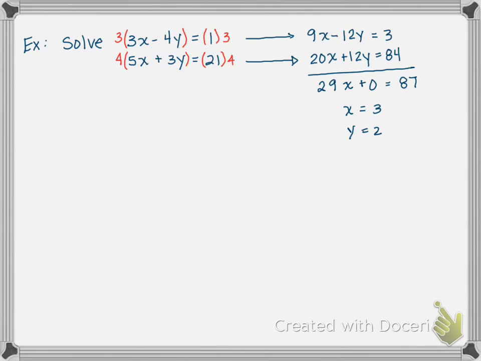Like the length is 5 more than the width, and so it was really easy to call the width x and the length x plus 5 because that relationship between the two was so clearly stated, like how to get one from the other.